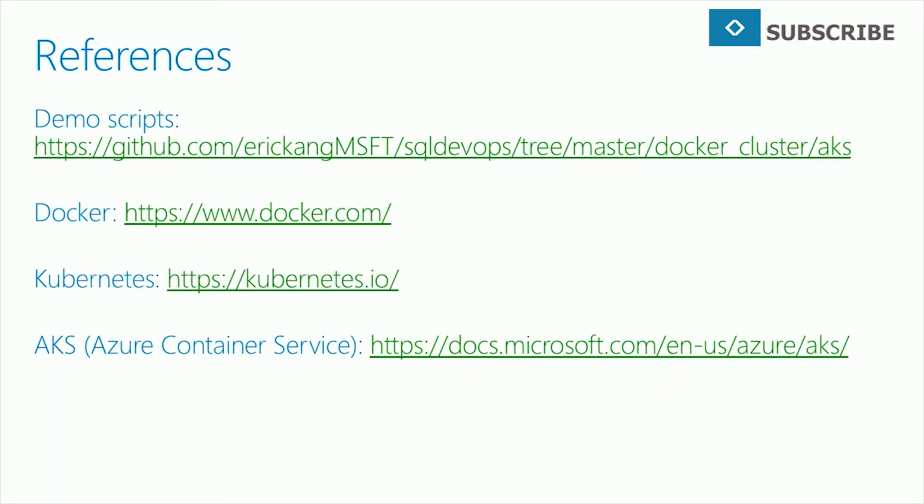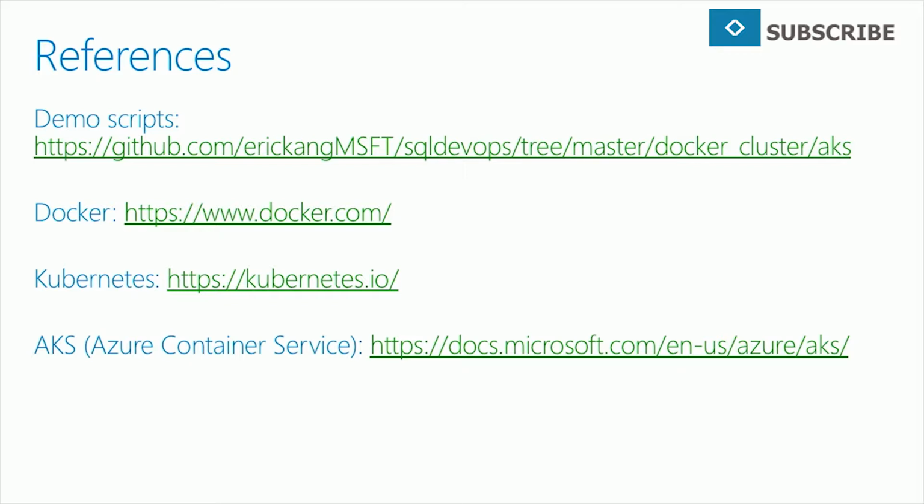All right, in this module, we have gone through multiple parts of installing and running SQL Server on Linux in a Docker container, building your own image for SQL Server on Linux, and also deploying it into Kubernetes, as well as automating it using VSTS.